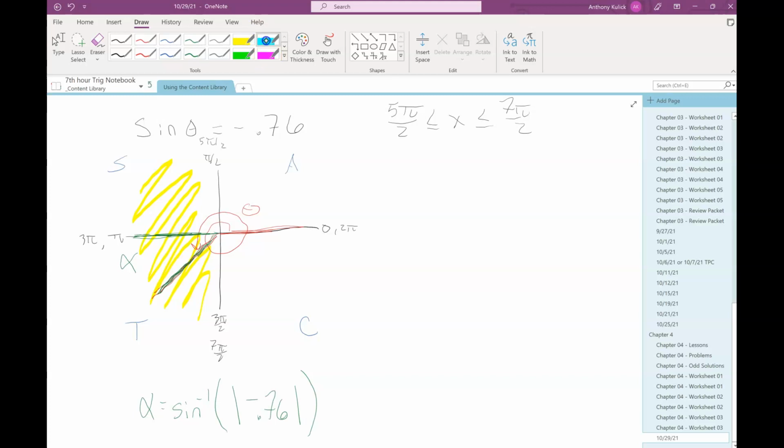And now I'm going to find an equation to relate theta, the end of my x-axis, and alpha together. I can see that from here to here is 3 pi. And then 3 pi to the terminal side is alpha. So I can see that theta is equal to 3 pi plus alpha.